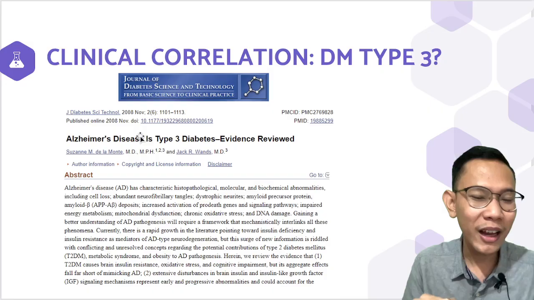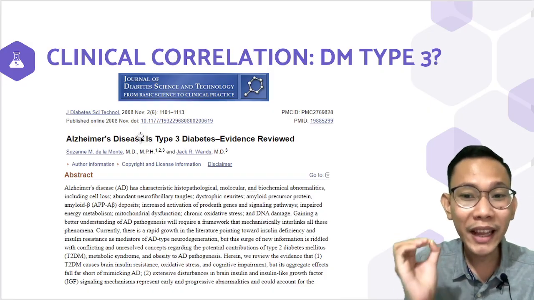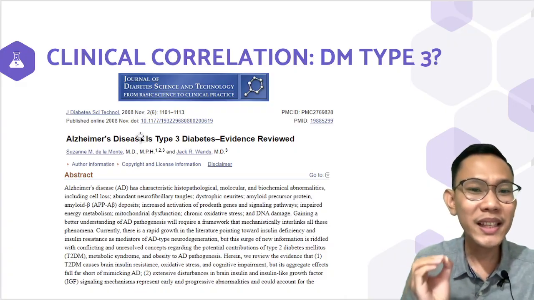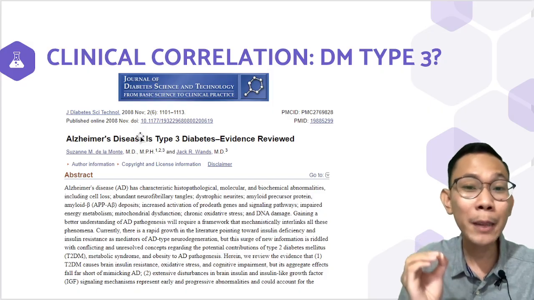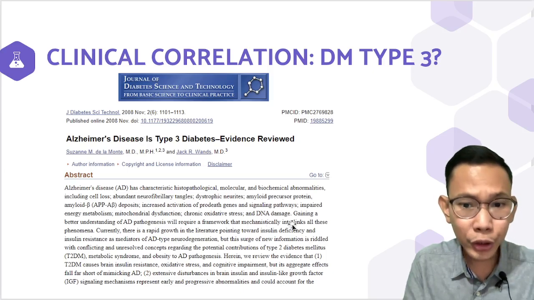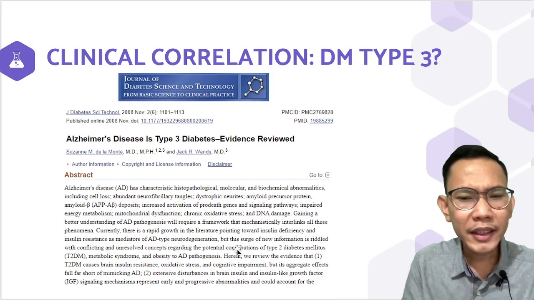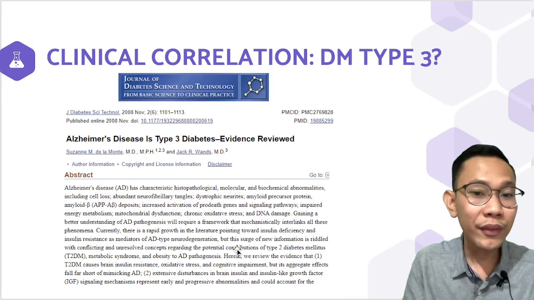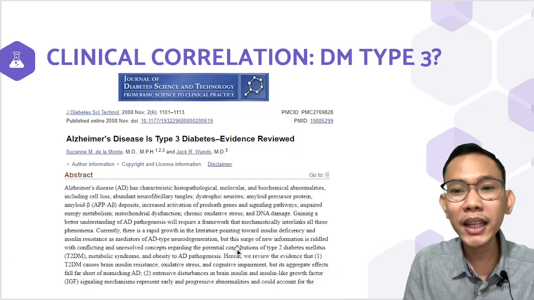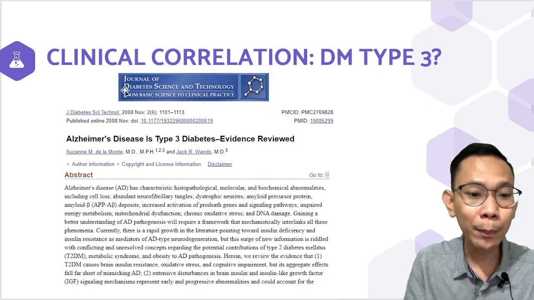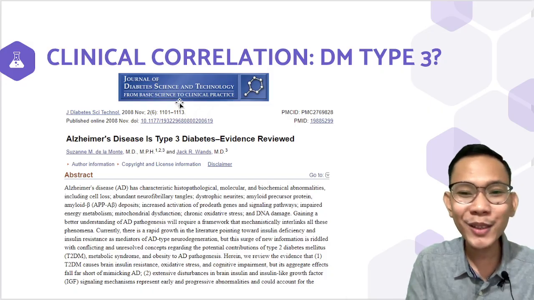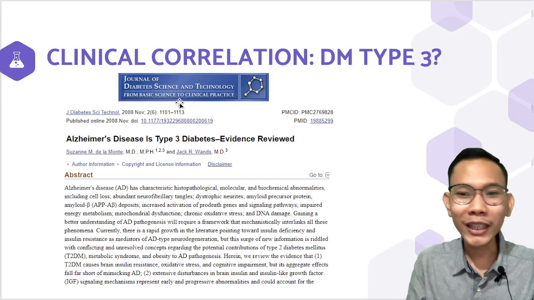This is still not really the exact terminology for Alzheimer's; it is just a proposed terminology because they have found that Alzheimer's disease is related to insulin deficiency and also insulin resistance. That is why they say that Alzheimer's disease is a type 3 diabetes. But again, this is still a proposed terminology. Just nice to know.